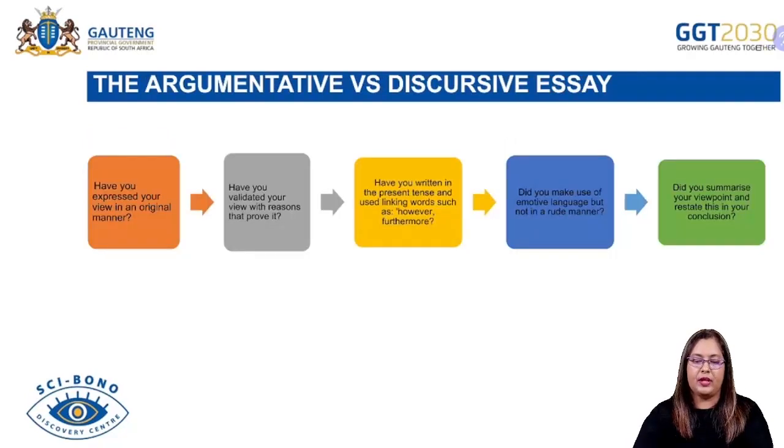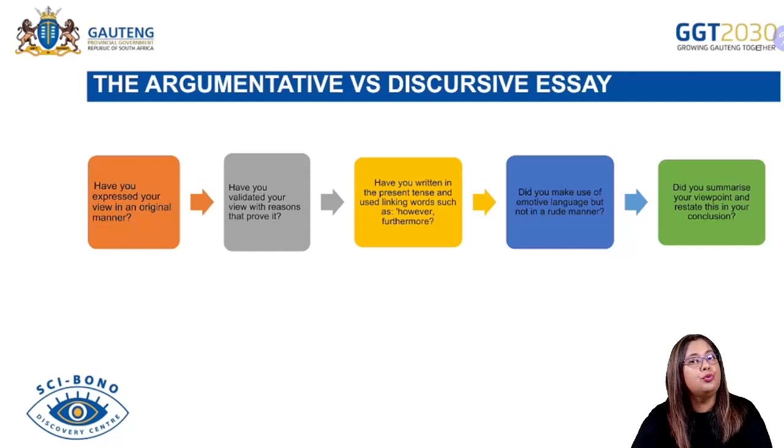Okay. So let's look at your checklist here for the argumentative first, and then we'll go to the discursive. So when you use the essay writing genre of argumentative, you have to check, have you expressed your view in an original manner? Have you validated your view with reasons?